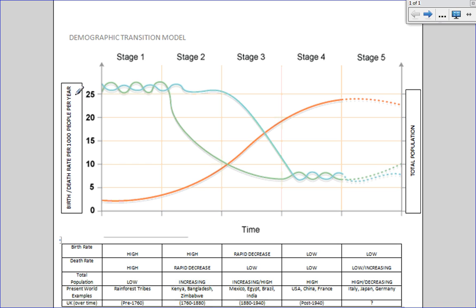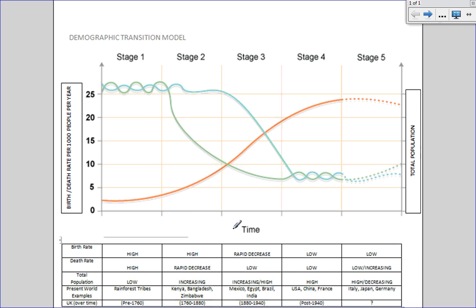So just a couple of things as we get started. On the left side here of our graph, what we have are birth rates and death rates per 1,000 people in the population per year. So you can see that with these numbers here. And then over to the right side here of our graph, we see the total population of a place, in this case, a country.